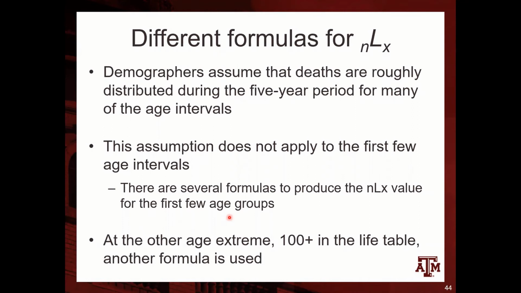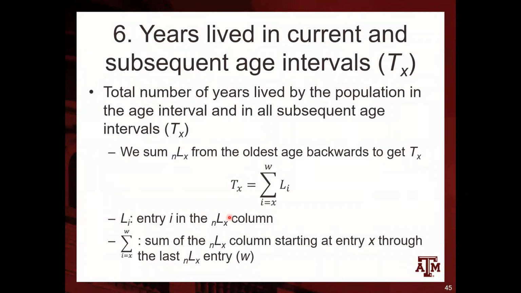And we also need another formula for the last age group. In that example, for the 100 plus age group, we don't know how many years those people live throughout the rest of their lives. So we have to come up with a cap, okay? And in the examples, I'm going to show that specifically.